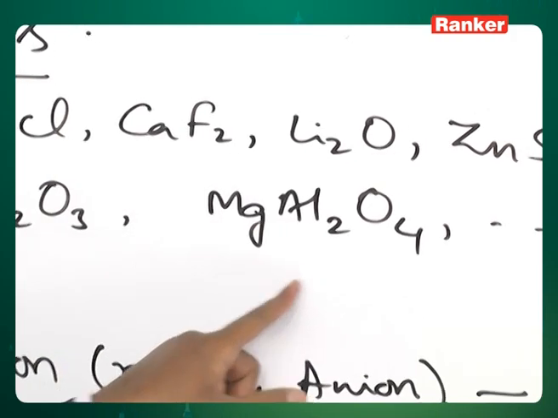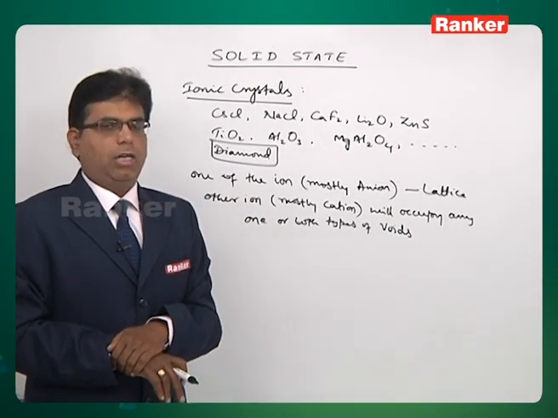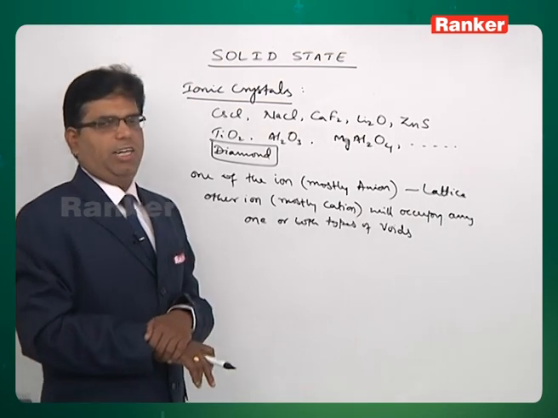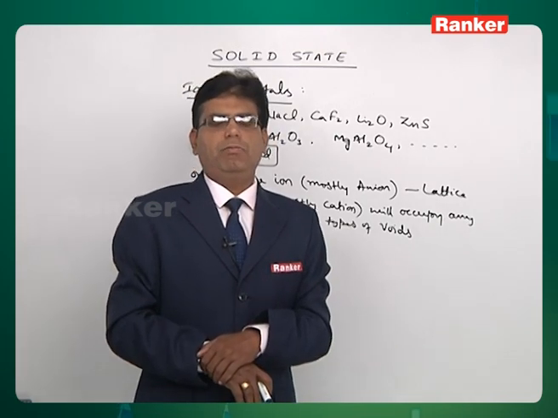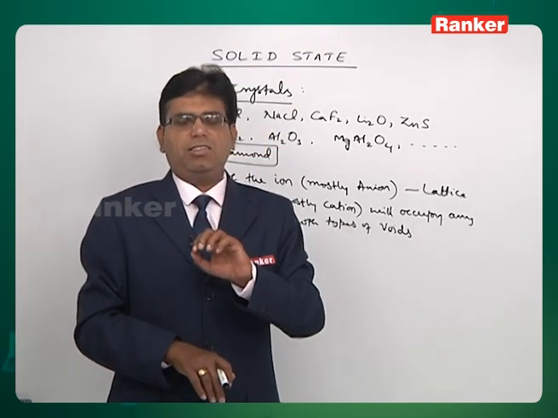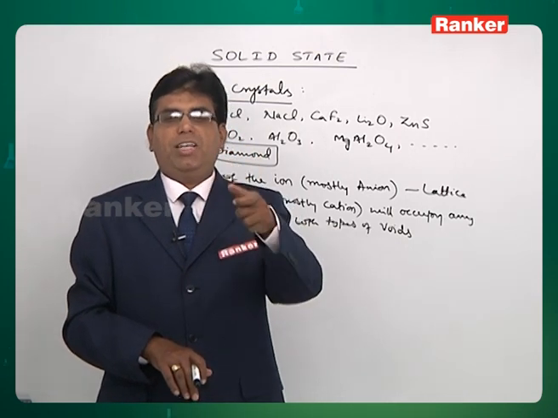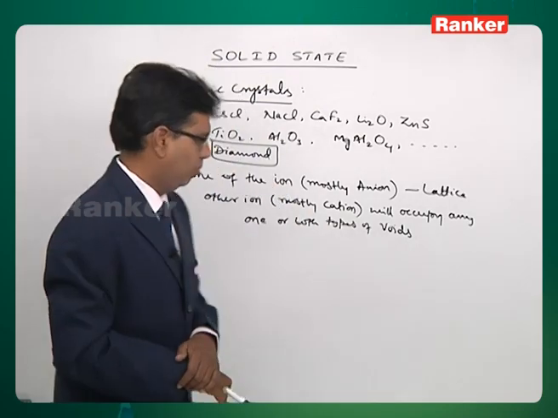Here the ion occupies both octahedral and tetrahedral voids. Now, the question is that if one of the ions forms the lattice, the other ion, that is cation in general, sometimes even it may be anion, will occupy which type of void, whether it is octahedral or tetrahedral or both, depends on what condition.